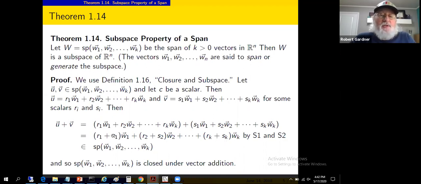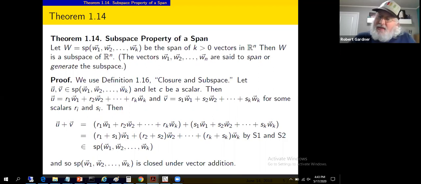Anyhow, it's a number times W1 plus a number times W2, and so on, up to a number times W sub k: a linear combination. Well, if it's a linear combination of W1 through W sub k, then it's a vector that's in the span, because the span is the set of all linear combinations. So U plus V, in fact, is in the span, and this spanning set is closed under vector addition.